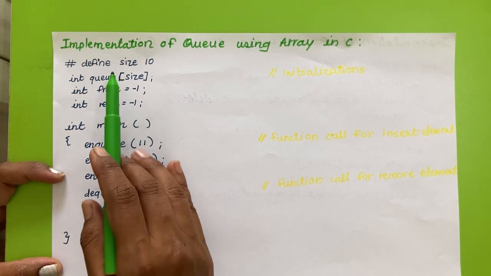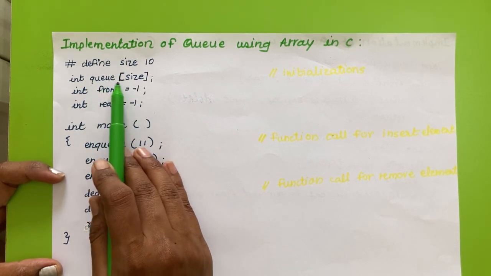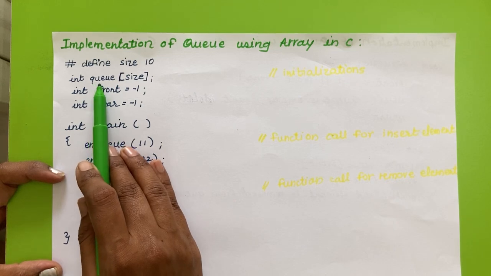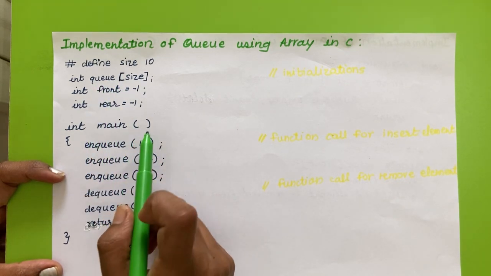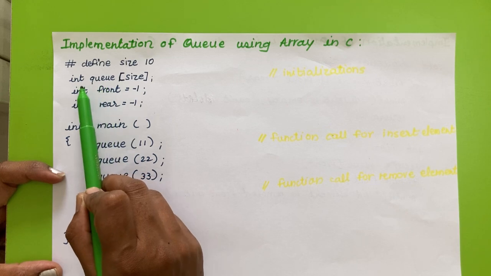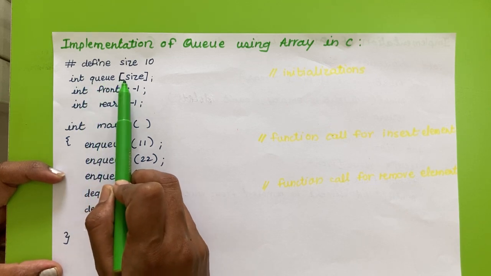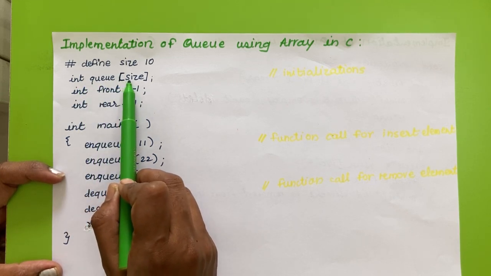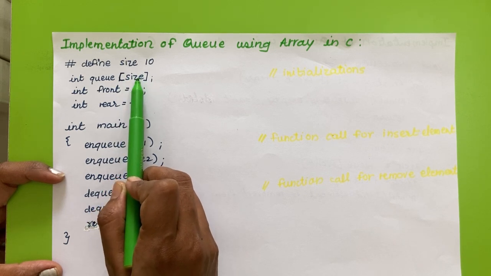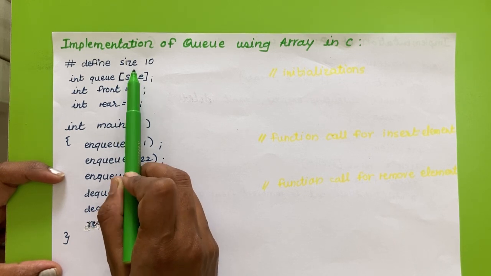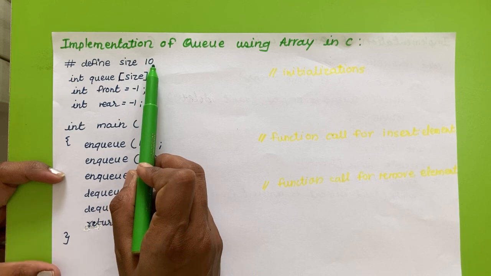For that purpose, we need some initializations. So, we have taken the array named queue and we are inserting integer elements. That's why I have considered an integer array. So int queue of size 10, and I have declared the size 10 globally.